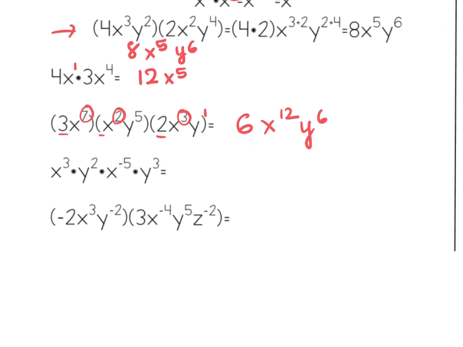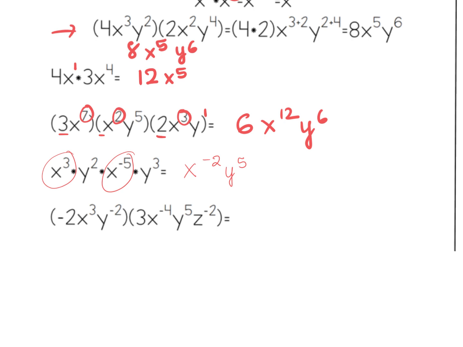Okay, this one right here, x to the 3rd times x to the negative 5 will be x to the negative 2, because 3 add negative 5 will be negative 2. Y to the 5th. Right?